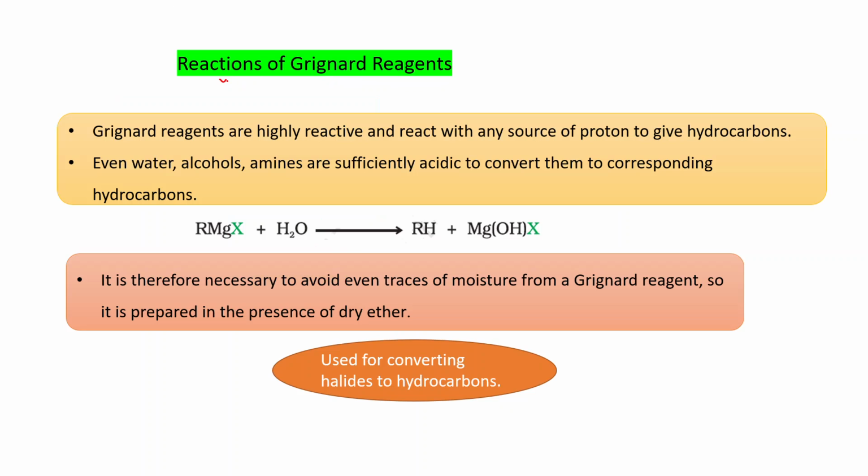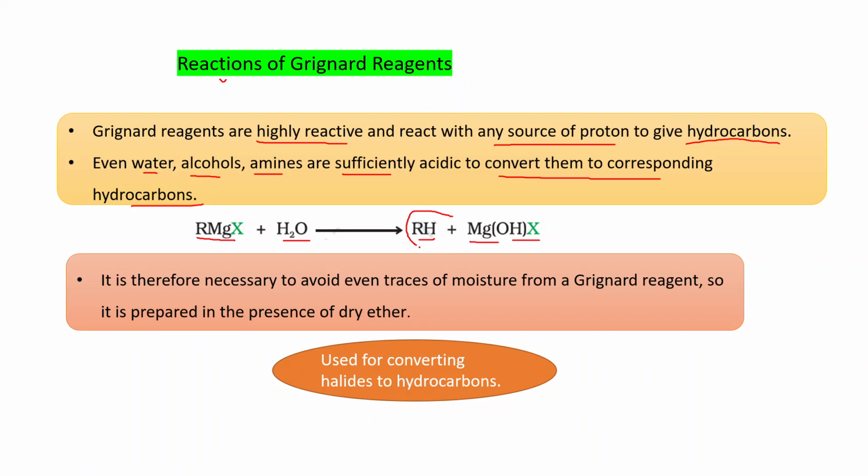Reactions of Grignard reagents. Grignard reagents are highly reactive and react with any source of proton to give hydrocarbons. Even water, alcohols, amines are sufficiently acidic to convert them to the corresponding hydrocarbons. You can say that RMgX, when reacted with water, gives RH and MgOHX is obtained.